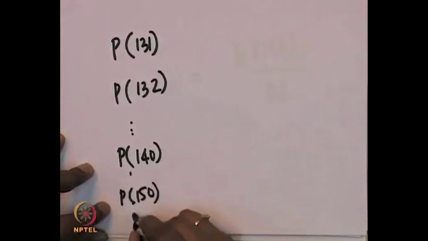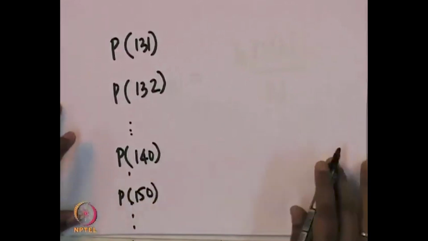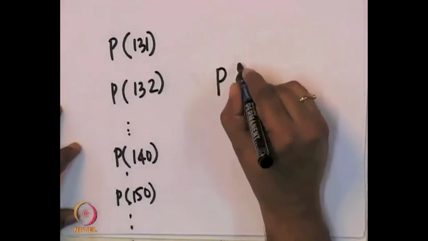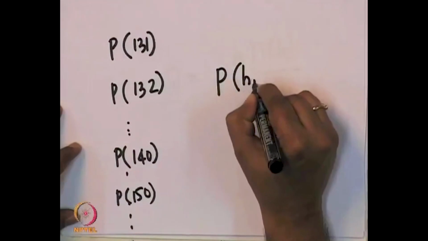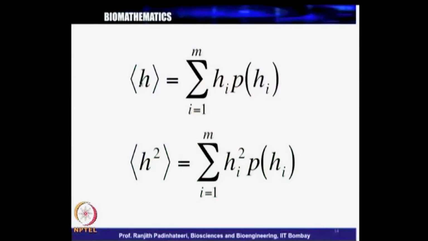So, let us say you have all these probabilities. Basically you have the probability of students having some particular height hi. Then the average is defined in the following way. The average height is defined as the sum over hi p of hi.